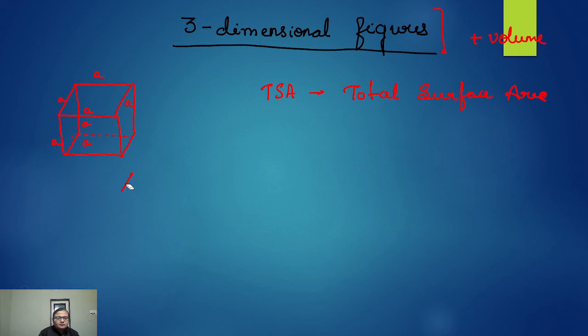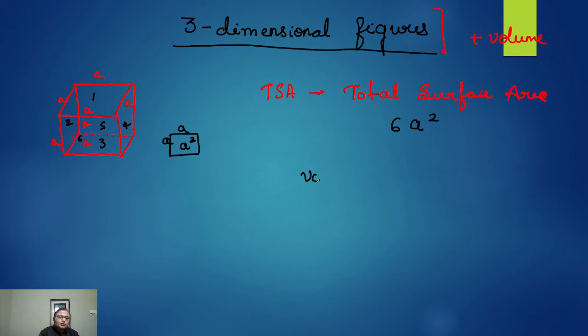Each face is a square. Area of each square is A square. So we have 1, 2, 3, 4, 5 and 6 faces. So total surface area will be 6A square.